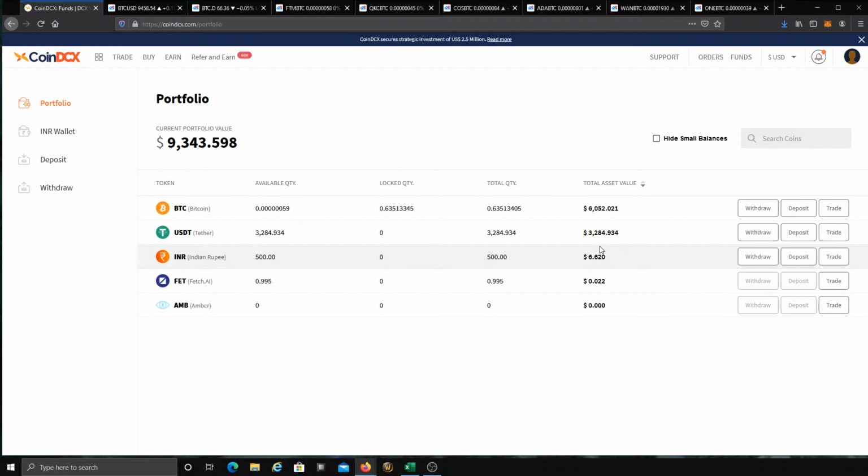I can short or long US dollar pair alts, or even Bitcoin itself. Okay, so I have that ability to hedge against my Bitcoin pair alts, or use some of this money to buy Bitcoin and lower my leverages to avoid being liquidated.